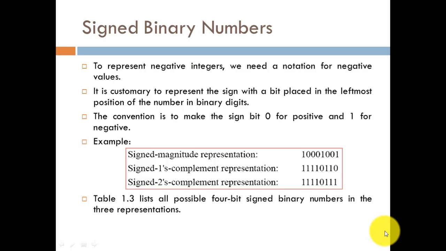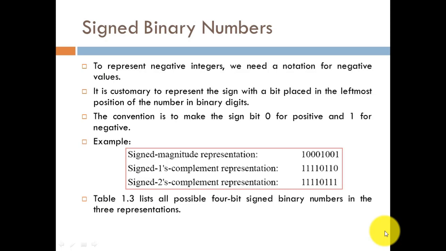The signed 1's complement representation would be like this. Whatever number we have, we provide its 1's complement by inverting all the bits, but we leave the leftmost digit as it is, and for the rest of the bits, 000 becomes 111, 1 becomes 0, 00 becomes 11, and 1 becomes 0. In a similar manner, if we have to represent the same number in signed 2's complement, its representation would look like this.